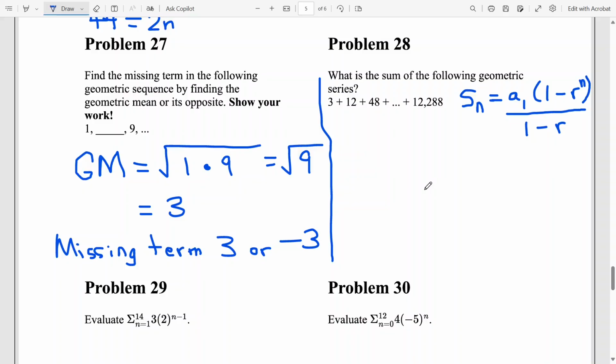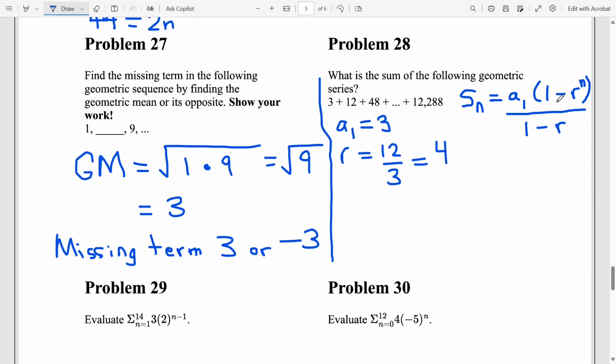Okay, so what do we need to know? We need to know the common ratio, a sub 1, and we need to know the number of terms. So the first term, a sub 1, is going to be 3. That's easy. The common ratio, we can take the second term divided by the first, so 12 divided by 3, that's 4.